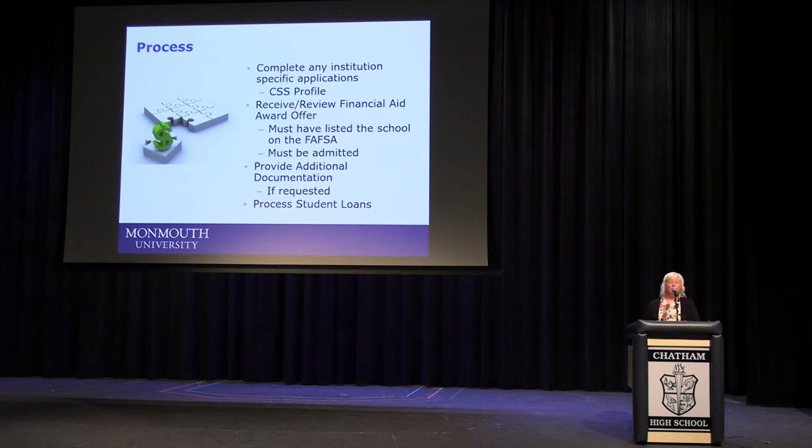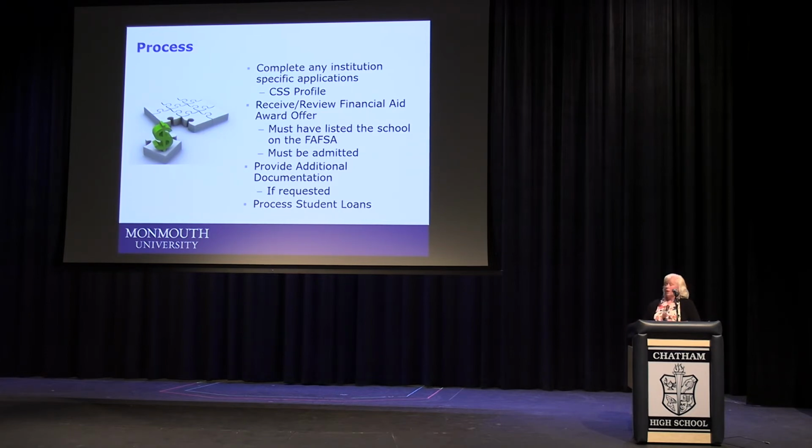How do you find out how much aid your student is eligible for? This comes through the financial aid award offer. You might receive this by mail, by email, maybe by logging into an online portal. However the school sends it to your student, it contains the same type of information. It's going to give you the amounts and types of aid that your student is eligible for the upcoming school year.